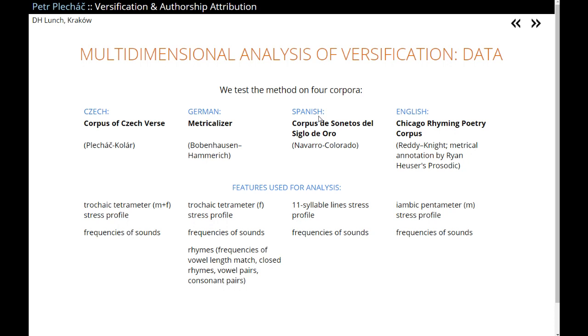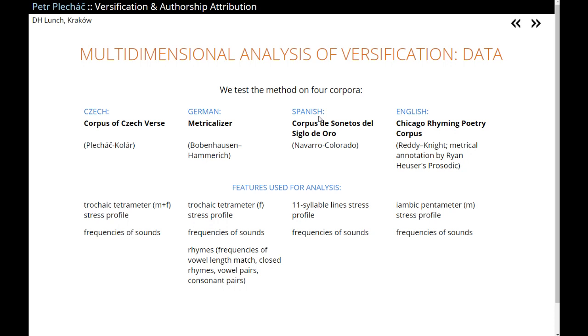And finally, a rather small English corpus of rhymed poetry, which was built and published by Sravana Reddy and Kevin Knight for the article on automatic detection of rhymes.